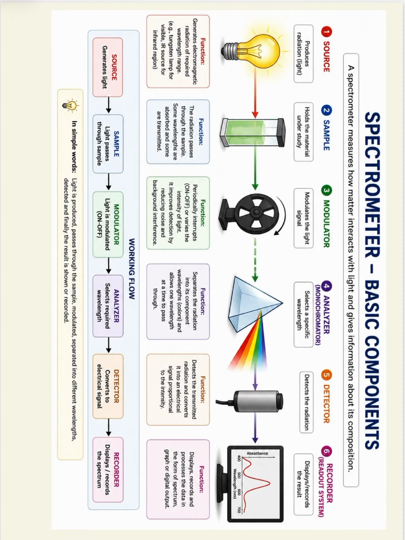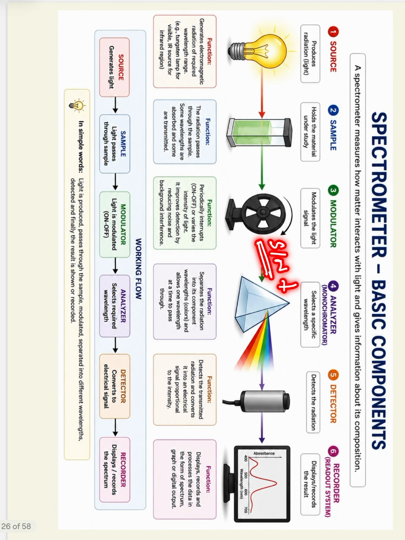After the sample is taken, some amount of wavelength is absorbed by the sample and some amount is transmitted, reaching the modulator. What does the modulator do with those wavelengths? The modulator will improve the detection by reducing the signal to noise ratio, so that it is easy for the analyzer to identify the specific selected wavelength.